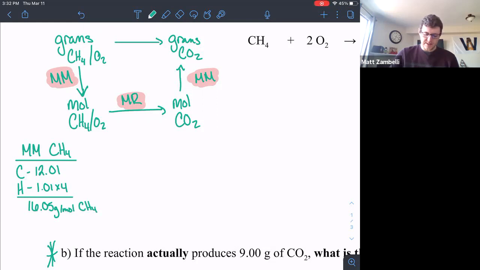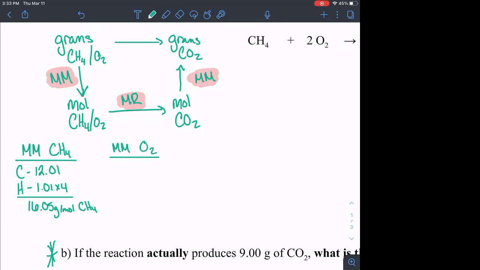All right. What's another molar mass that we need? We need at least two. We need oxygen. Awesome, the molar mass of oxygen.